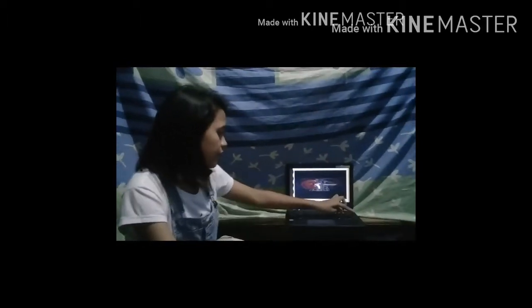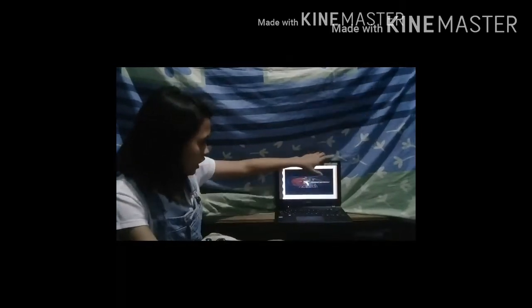The outer surface of the kidney is convex. The inner surface is called the concave. It's the convex and the concave.